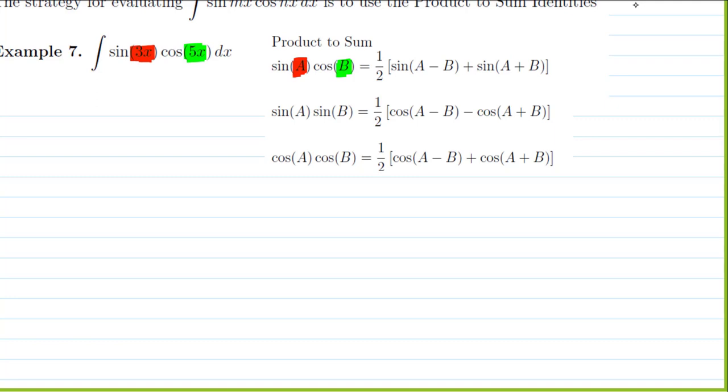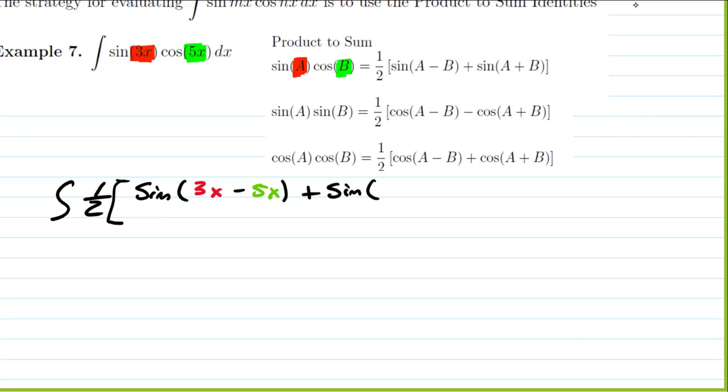So we get by our identity that this integral is then equal to the integral of 1/2 times the sine of a minus b, so that's going to be 3x take away 5x, plus the sine of a plus b, which is going to be 3x plus 5x, all dx.